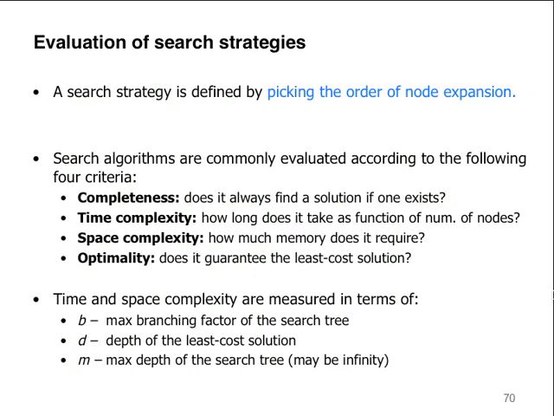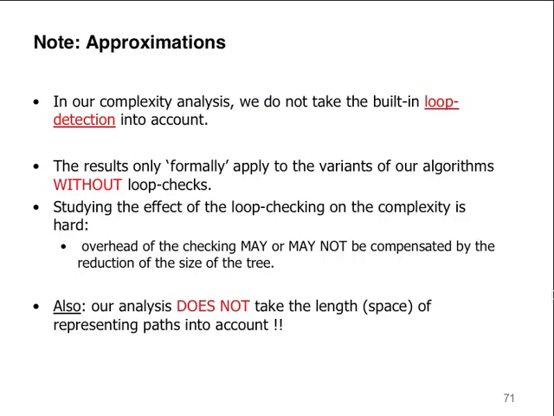In terms of the evaluation, remembering the components that we're trying to consider, this is where we get into what I'm calling approximations. AI is dealing with approximations. So in our complexity analysis, we do not take the built-in loop detection into account.